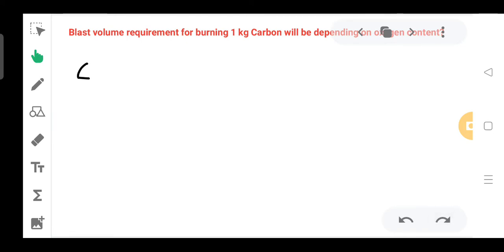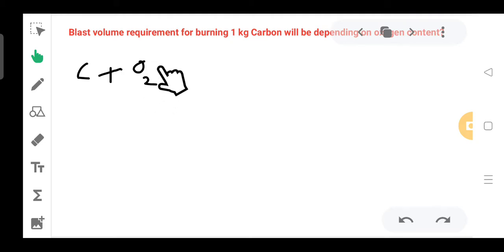Coming to the blast furnace reaction, the carbon present in the coke or coal will react with the oxygen content in the hot blast. The blast contains oxygen, almost minimum 21%. If you are giving enrichment, it will be 22 or 23%.